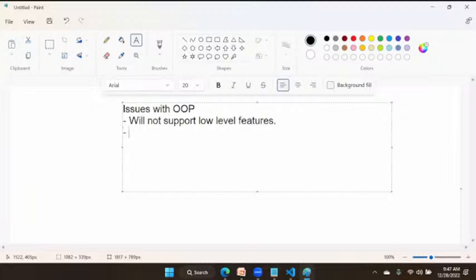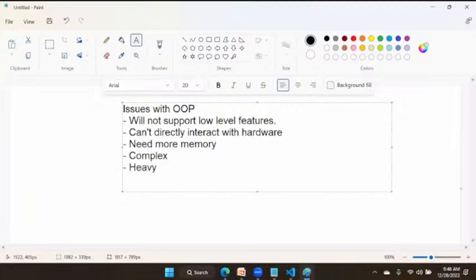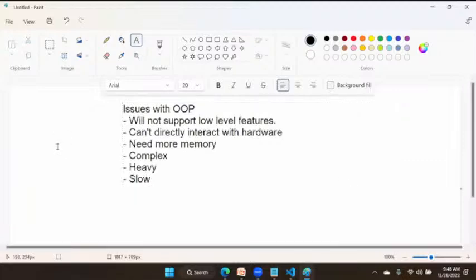If they don't support low level features, they cannot directly interact with hardware. They need more memory, they are very complex and very heavy, and they are very slow. These are all the drawbacks of OOPS.